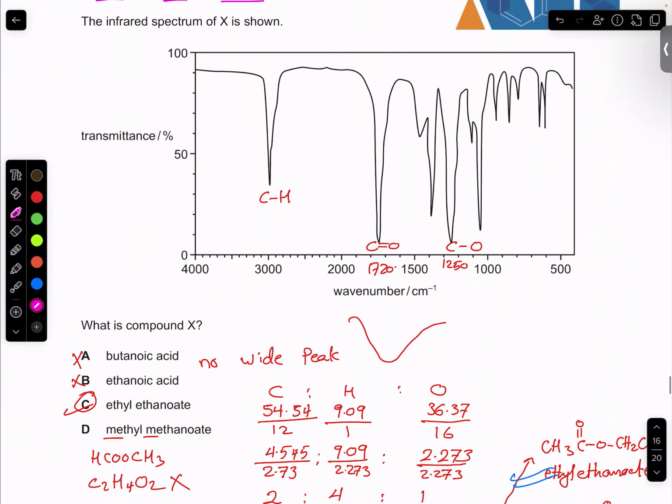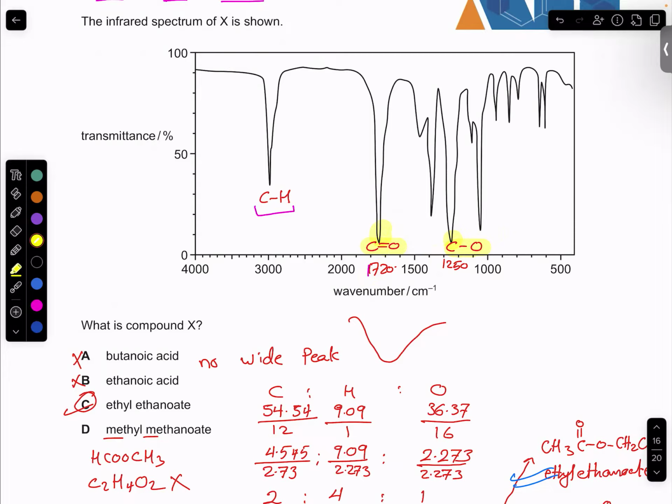If you want to read the infrared spectrum, this one about 3000 is for C-H, this one at about 1720 is for C=O, and this one about 1250 is for C single bond O.